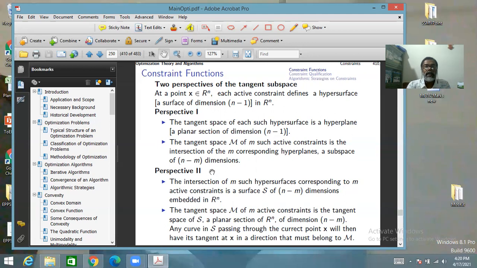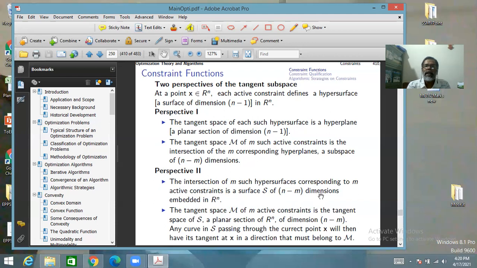The other perspective is that you do not bother about the tangent subspace for individual surfaces separately. First, consider the intersection of m such hypersurfaces themselves, curved, corresponding to m active constraints, and then you will get a surface S of n minus m dimensions.